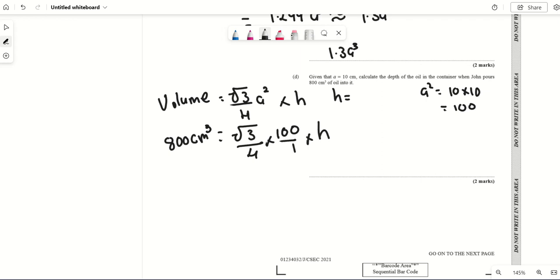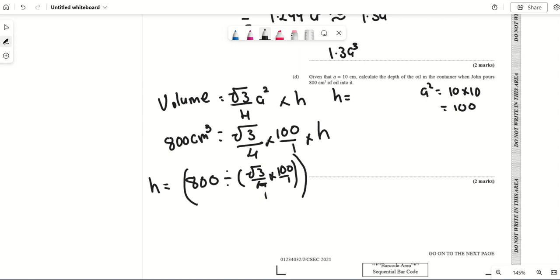And we are just going to make height the subject of the formula. This would be height is equal to 800 divided by, open bracket, root 3 over 4 multiplied by 100 over 1, close bracket. So this is what you're going to put in your calculator. Open bracket 800 divided by, and the next open bracket, root 3 over 4 multiplied by 100.